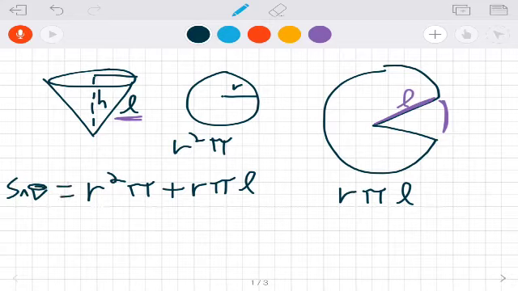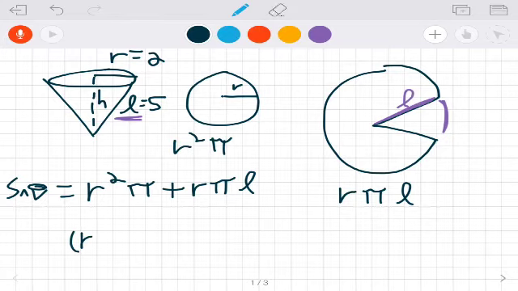So, for example, and we do want to be careful, if we had a circle here with a radius of 2, and let's just say we had a length of about 5, so the radius is 2 and the length is 5, we would just go ahead and plug that in.